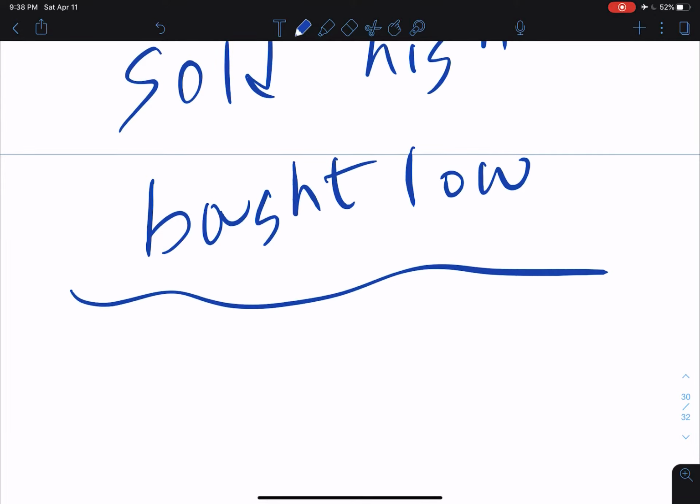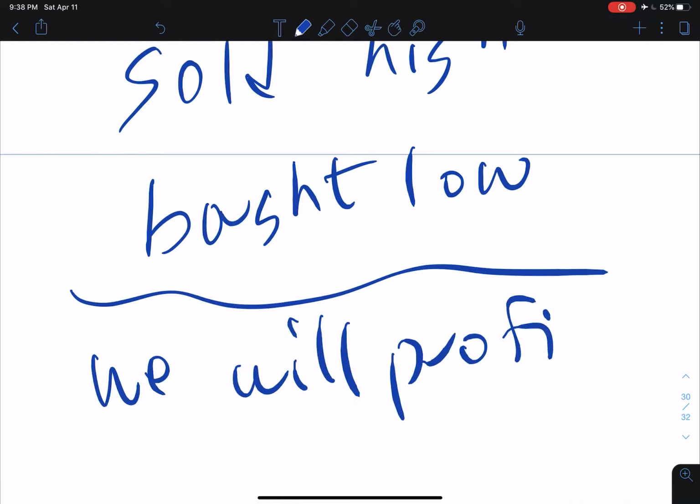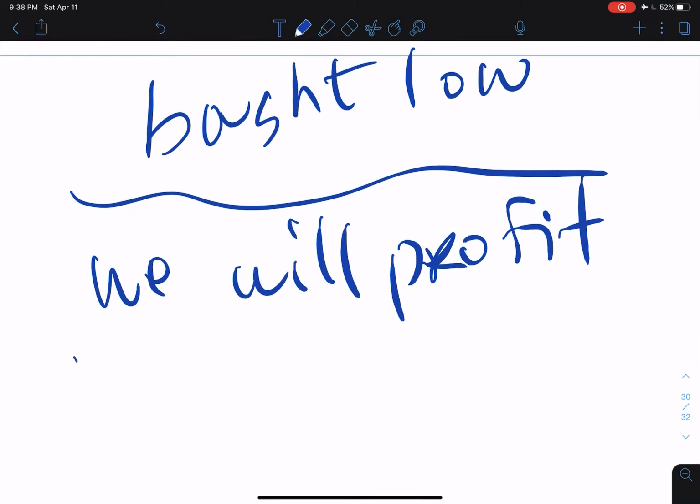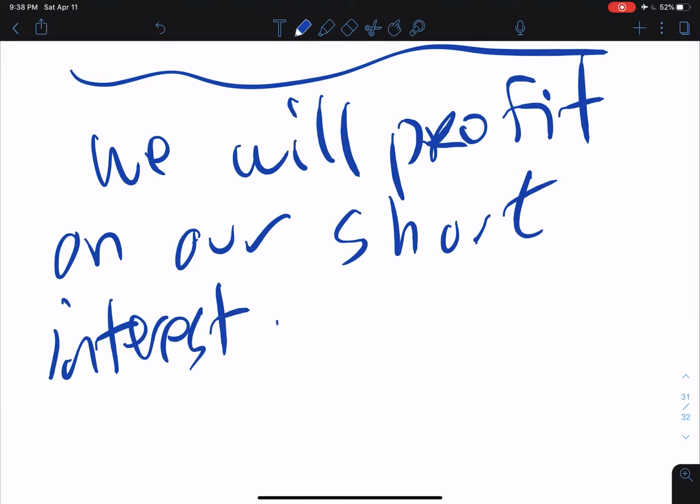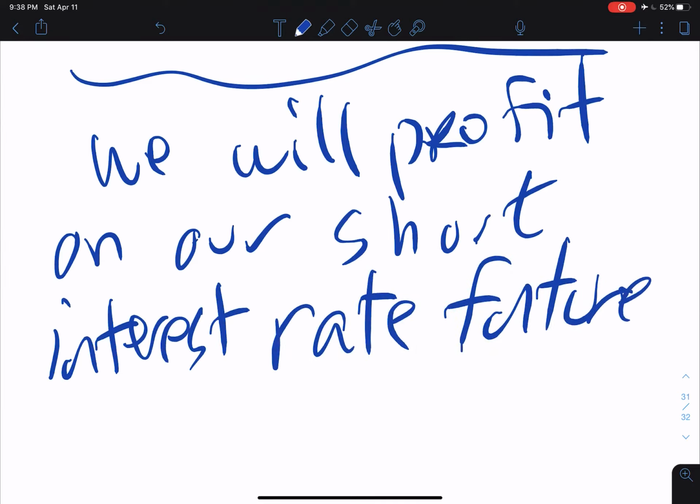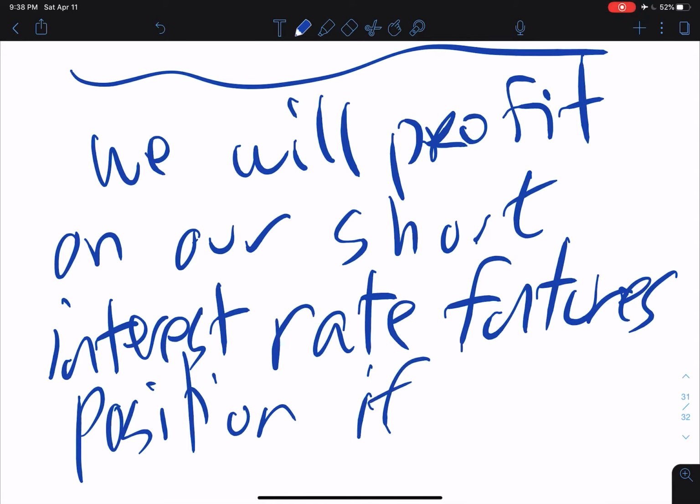So again, we will profit on our short interest rate futures position if interest rates rise.